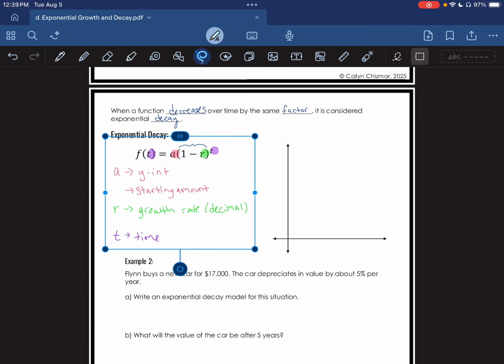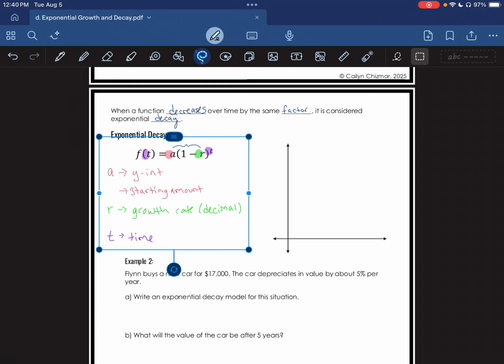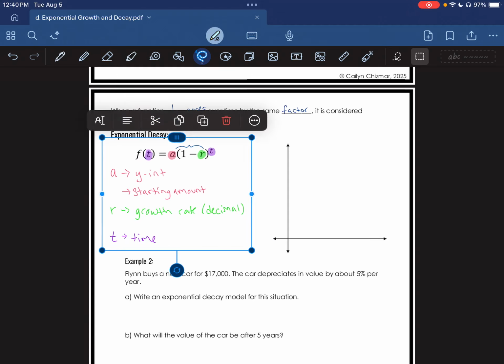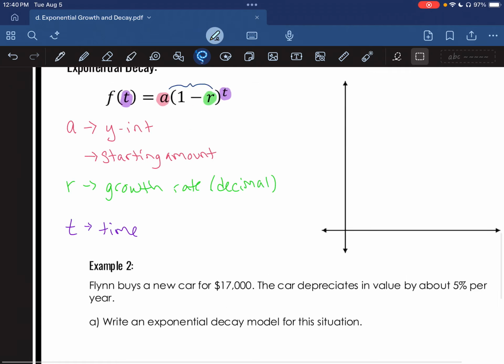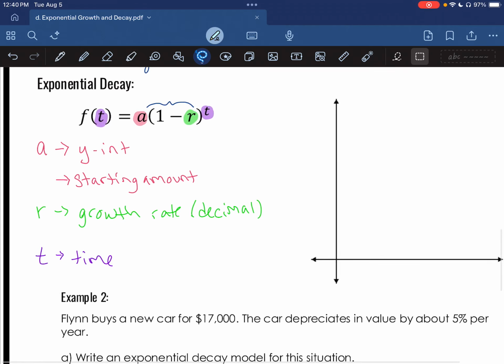That was good. All right, so what's going on here? Well, A is still the starting amount. R is still the rate, except we're not growing anymore, right? We are decaying. So this is the decay rate, but you're still going to have to write it as a decimal, okay? T still stands for time.